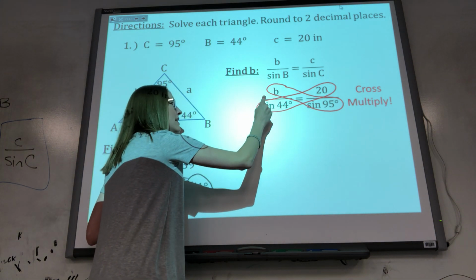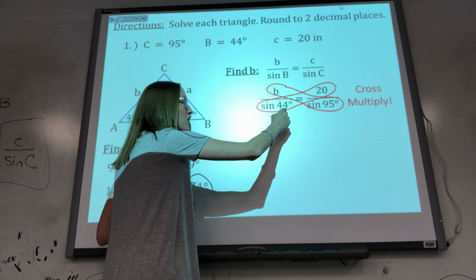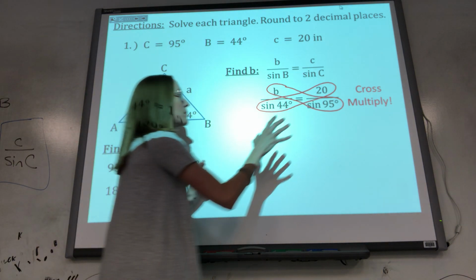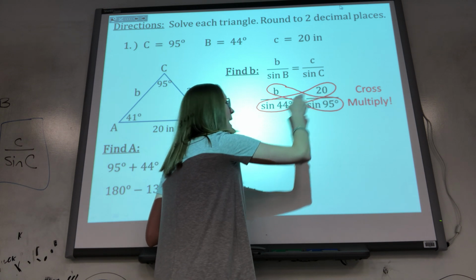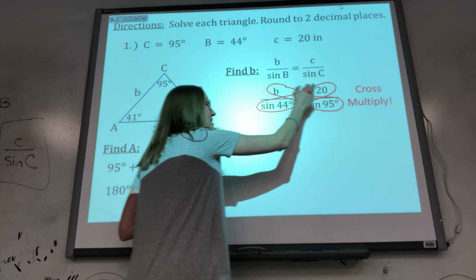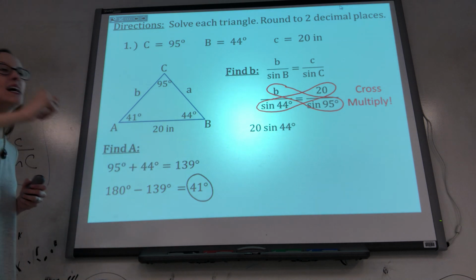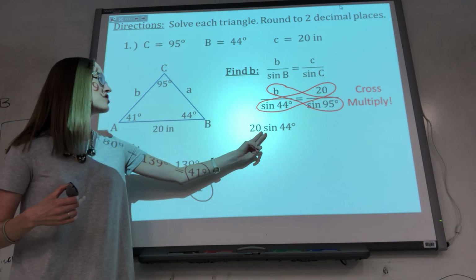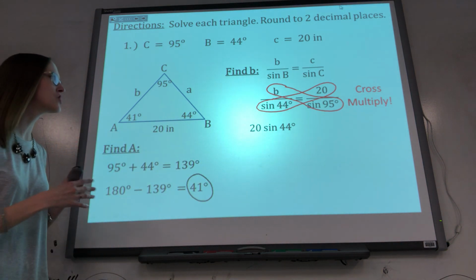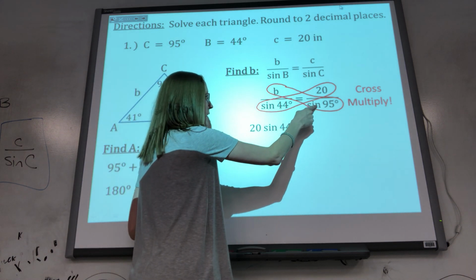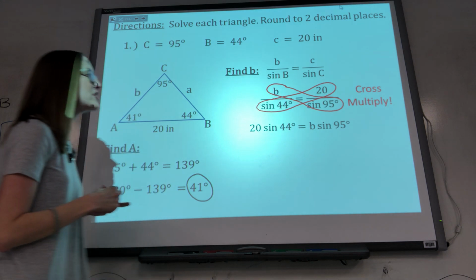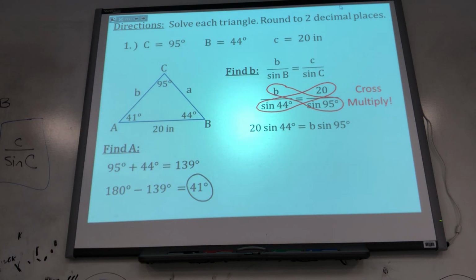Doesn't matter though. Okay, but here's something that does matter. When I take sine of 44 degrees times 20, I can't multiply the 20 and the 44. I just have to stick that 20 in front of the sine of 44 degrees. Technically, that's multiplication because they're just written right next to each other. And same over here, b times sine of 95, you really just need to put the b out front.